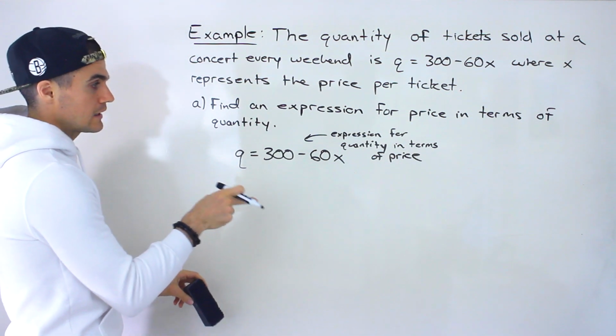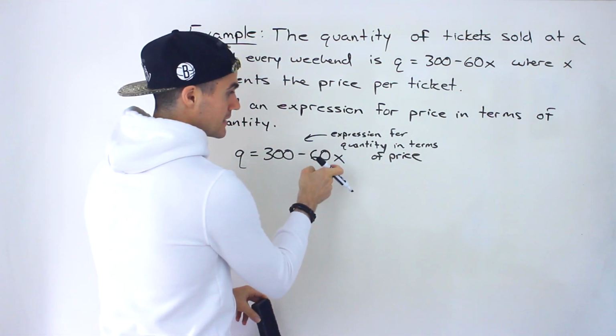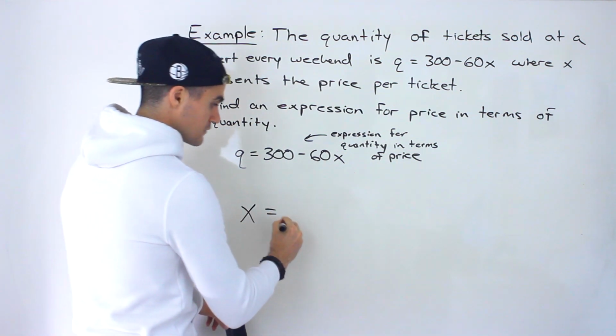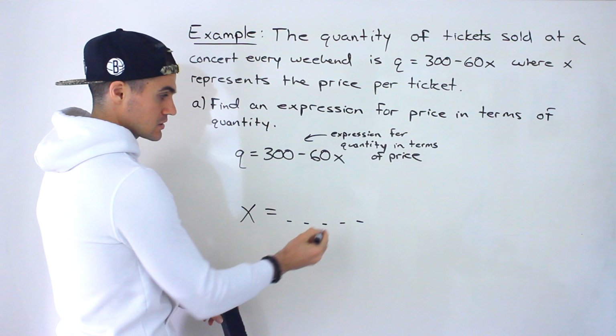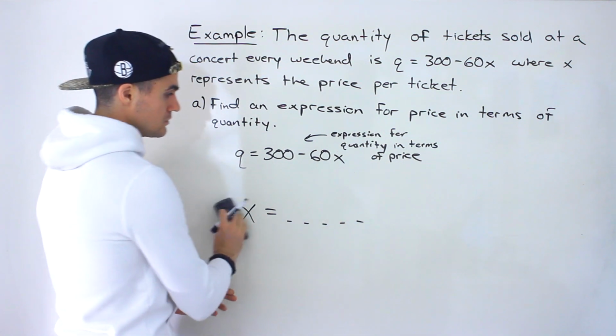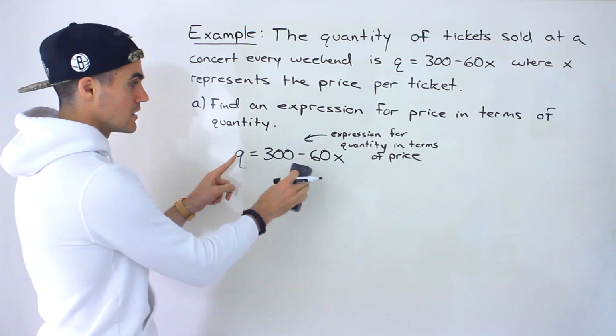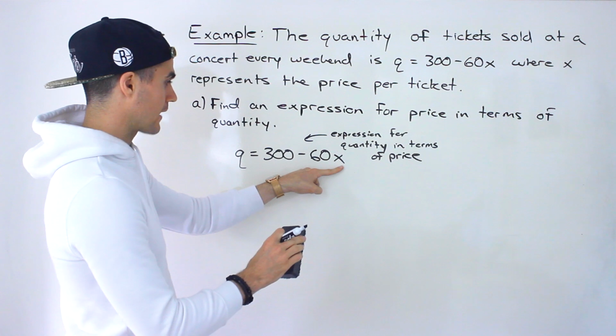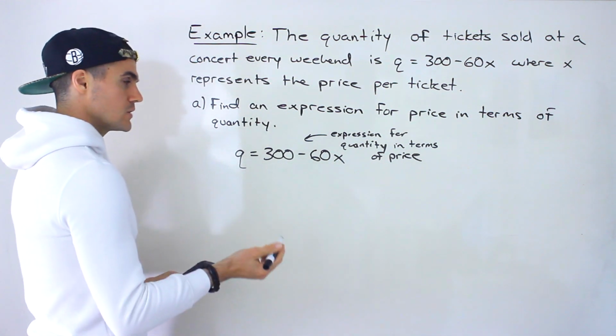So what they want is they want the X to be by itself. They want an expression for the price in terms of some kind of expression here. And then the quantity variable is going to be there. So what we have to do is we basically have to take this, rearrange it in a way where we can isolate for that X. And there's different ways to do it.